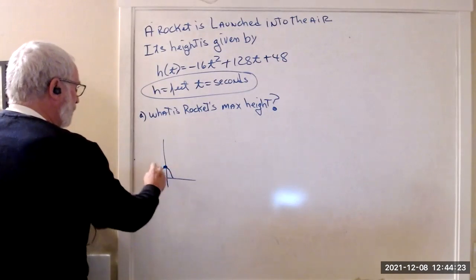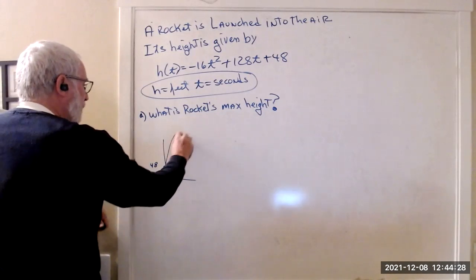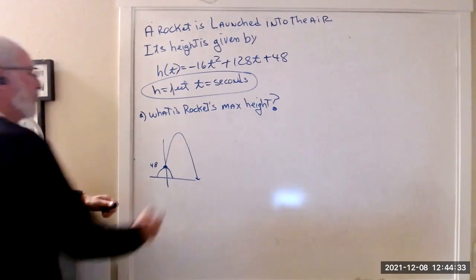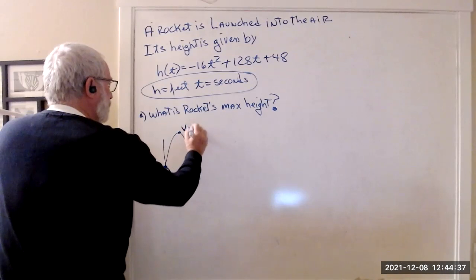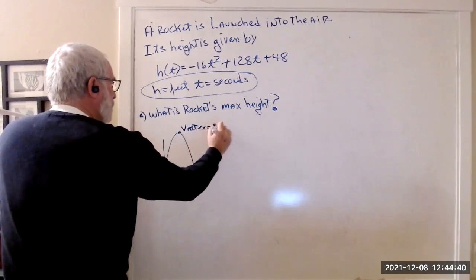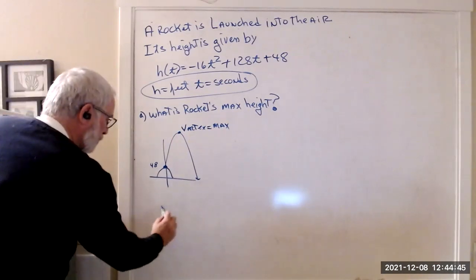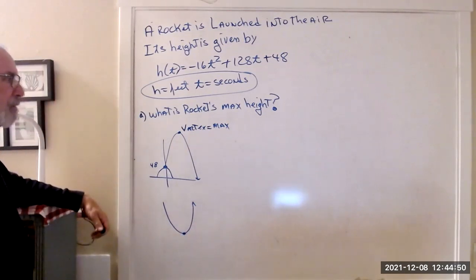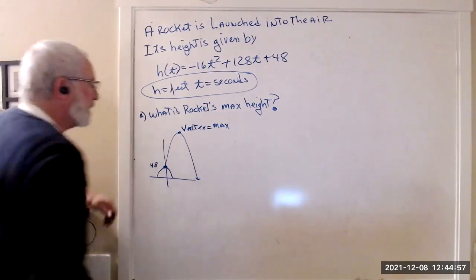So it's being launched from a little hill that's about 48 feet tall. It goes up, it comes down. The max height is at the vertex, so the vertex is equal to the max point. If this was going down and then coming up, the vertex would be the minimum height. But for us, the vertex is the max height.